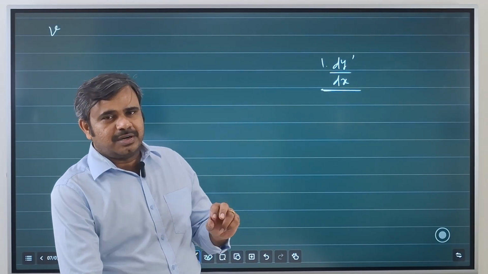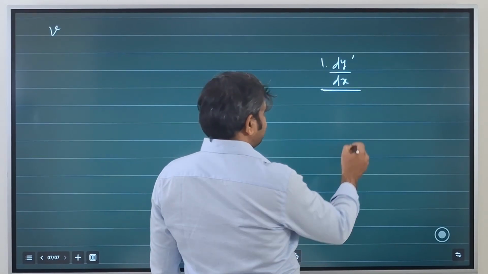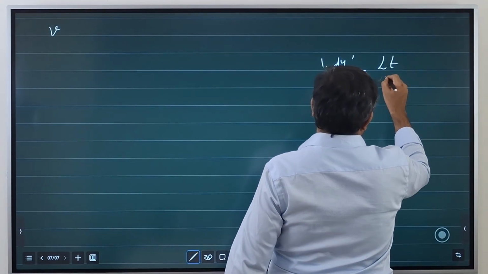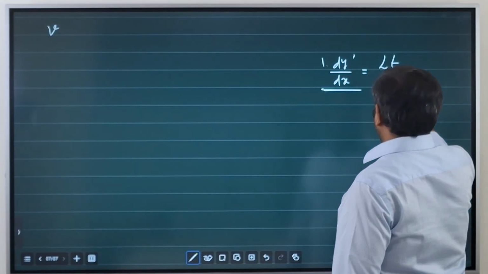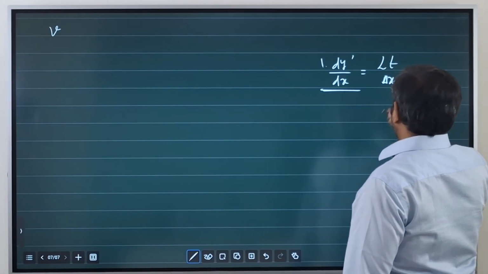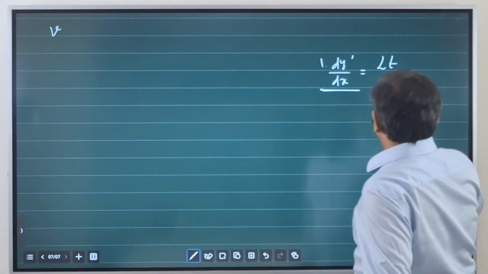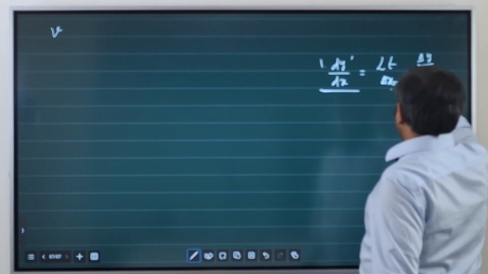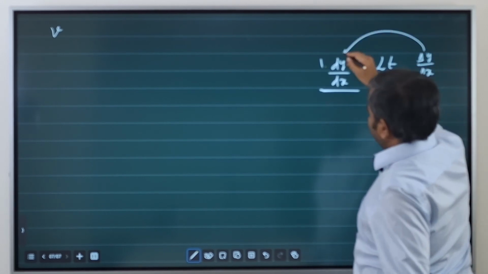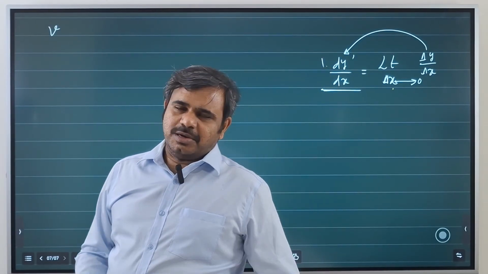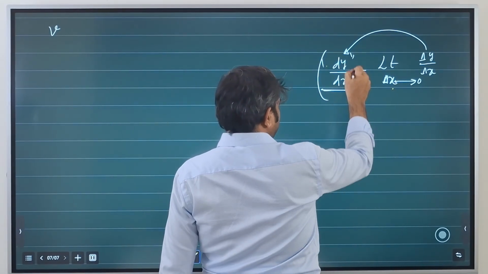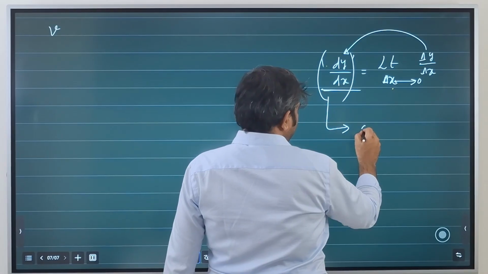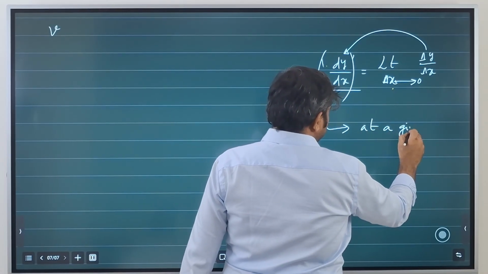Technically speaking, it is called an infinitesimally small interval. In the infinitesimally small interval, as delta x approaches 0, delta y by delta x approaches a particular value, and that particular value we call dy by dx. So dy by dx is the rate of change in y with respect to x at a given value of x, at an instant.